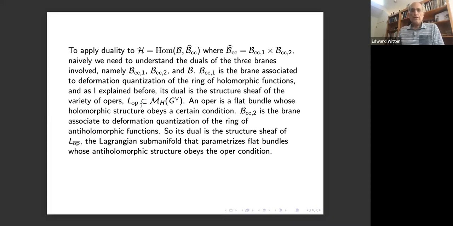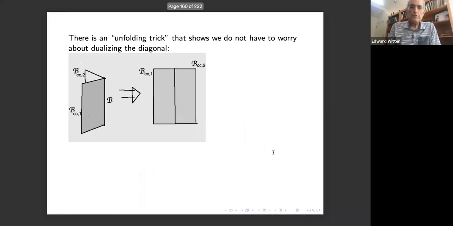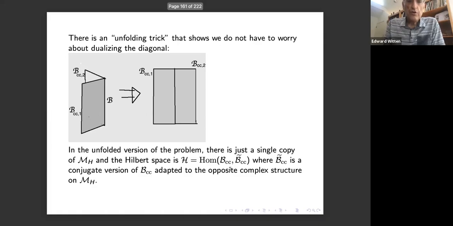B_cc2 is the brane associated to deformation quantization of anti-holomorphic functions. Its dual is the structure sheaf of L pair bar, the Lagrangian submanifold that parametrizes flat bundles whose anti-holomorphic structure obeys the oper condition. What about the brane B that's supported on the diagonal? There's an unfolding trick that shows we don't have to say anything about it. On the left, I've drawn a two-sheeted situation.